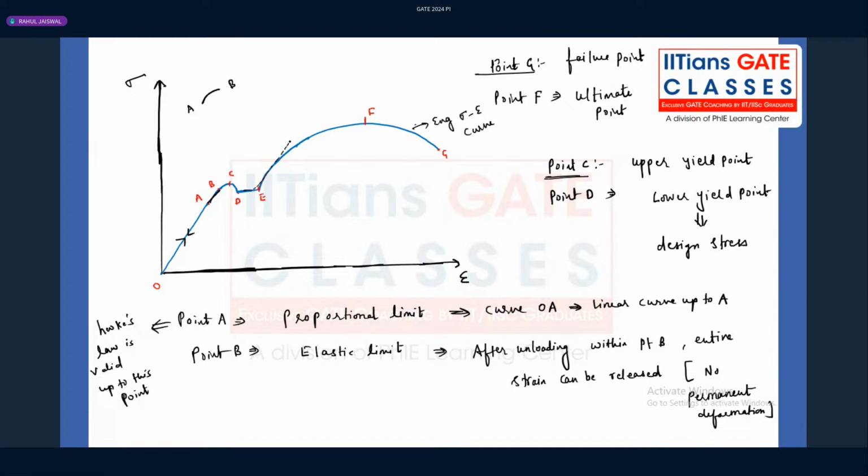After point D, the moment plastic deformation begins, the true stress strain diagram will start deviating, guys, something like this. Till point C or B, the true stress strain and the engineering stress strain will remain the same. This is the true stress strain curve, right? Please try to draw it.